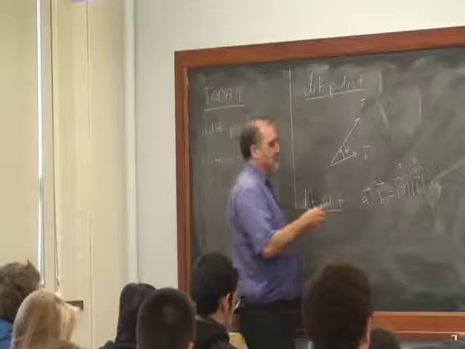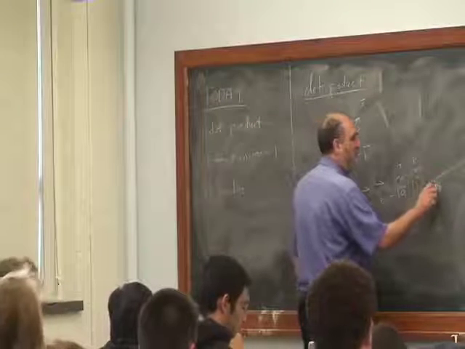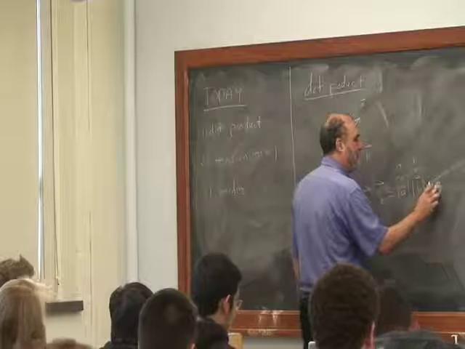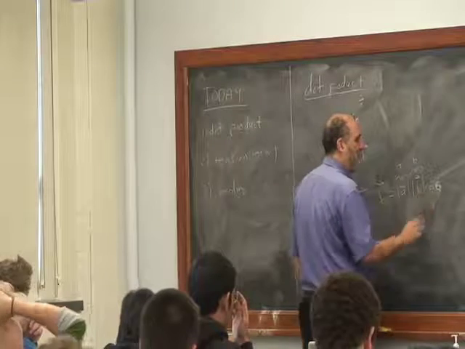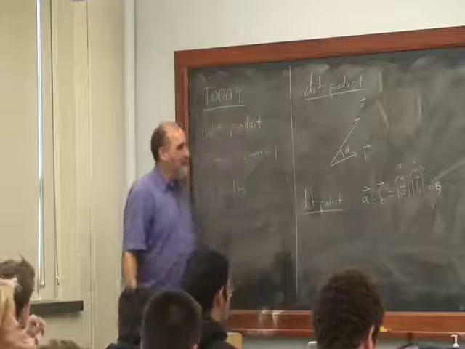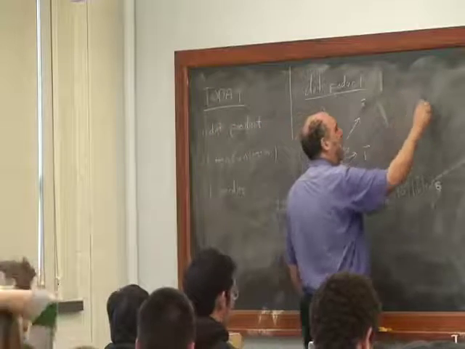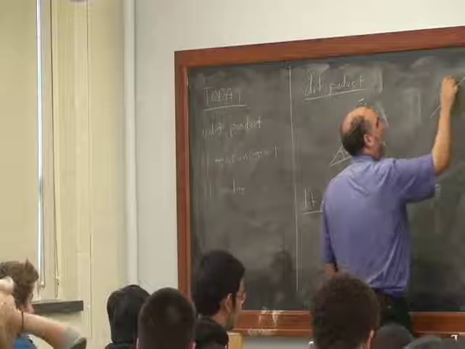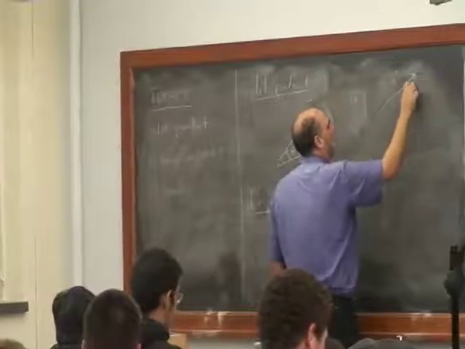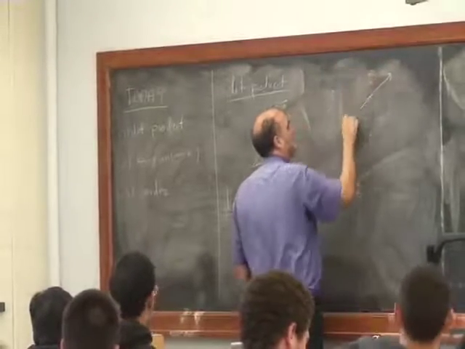Okay, so you definitely want to make friends with this formula. There's no question about your need to make friends with this formula and understand this concept. Now, if you have this vector A, which looks like this, you can break it up into components, which are the projections.